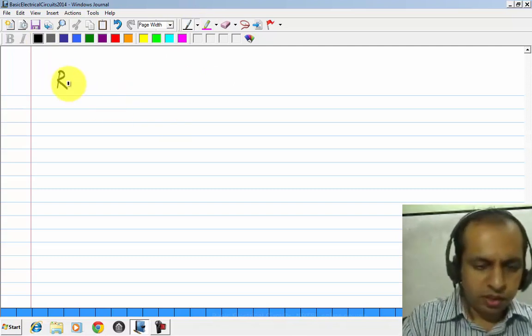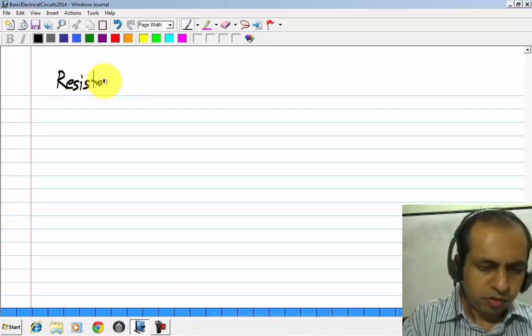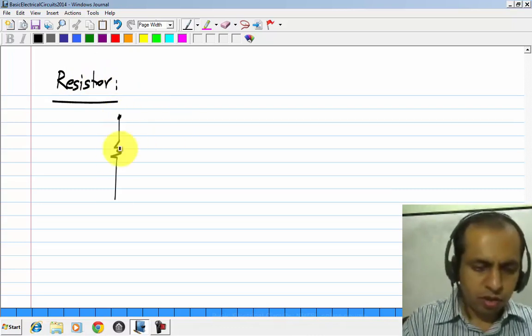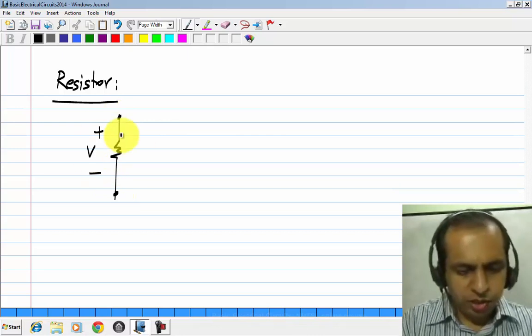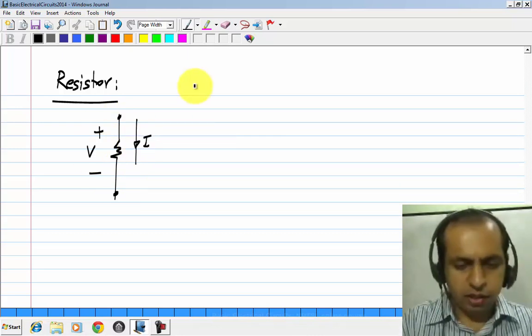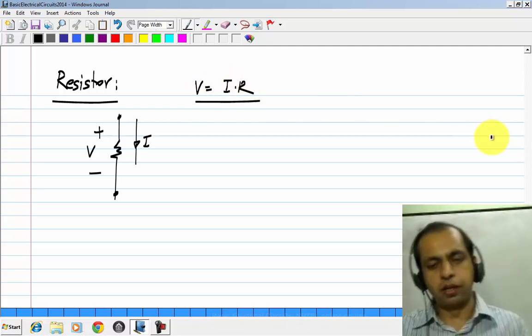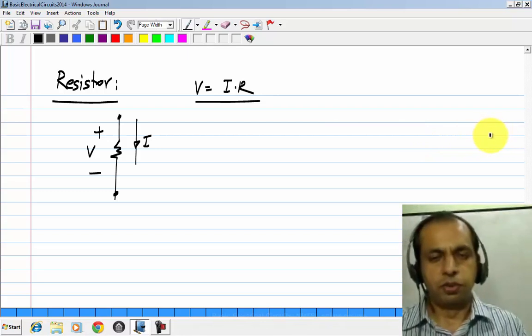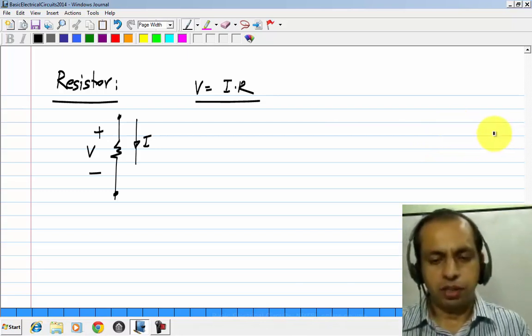So let us take a resistor. The voltage V and a current I are related by a proportionality relationship. This immediately tells you it is linear for those of you who are familiar with linearity, but we will go through it in any case.